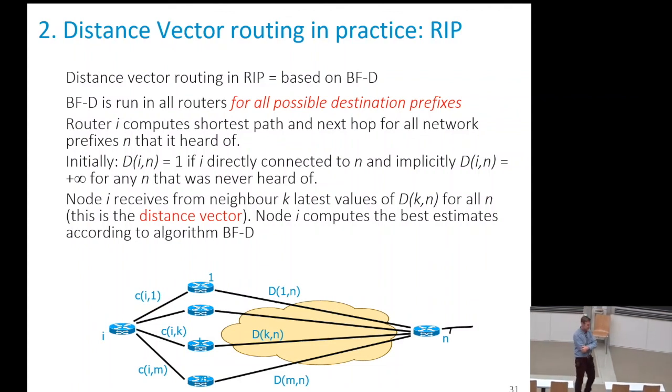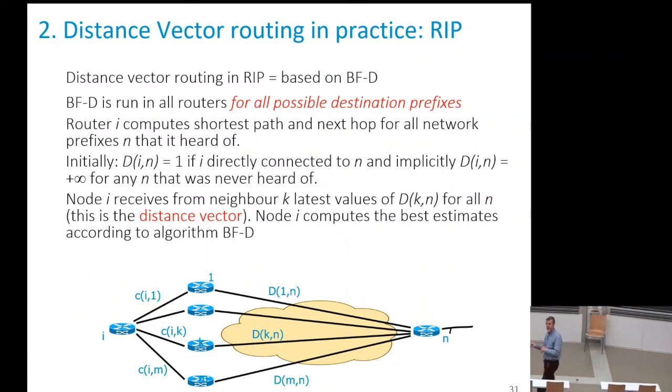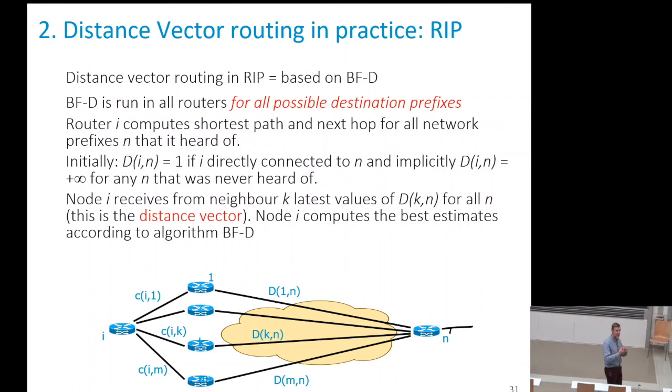RIP stands for routing... I don't remember what RIP stands for, but this is the prototype of the distance vector routing algorithm. And what's the difference between the theory and RIP? Well, one main difference is that we don't want to compute distances to one destination, but to all possible destinations. So when you use RIP, every router sends to its neighbors its estimates of the distance to all destinations, which is the value that it had stored in the routing table.